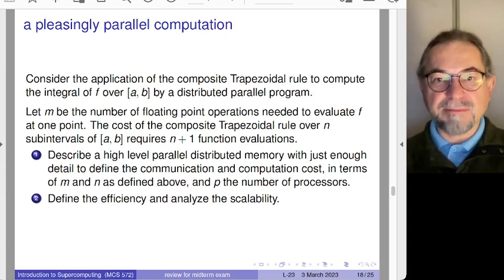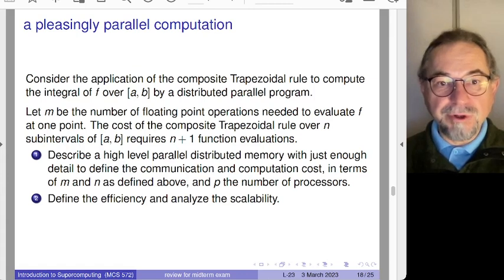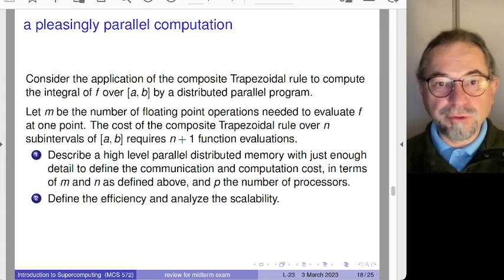So this is a pleasingly parallel computation. If you work with P processors, you would expect that the speedup is close to optimal. Efficiency is speedup divided by the number of processors, so you will have to describe the efficiency.